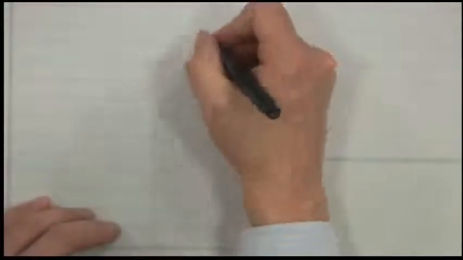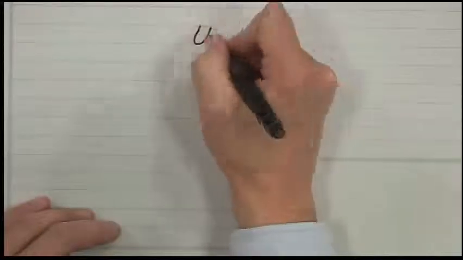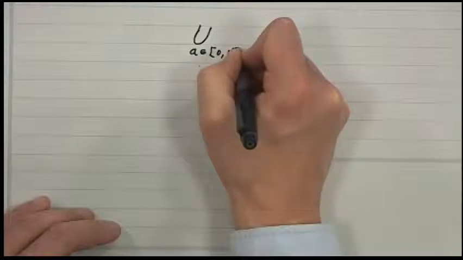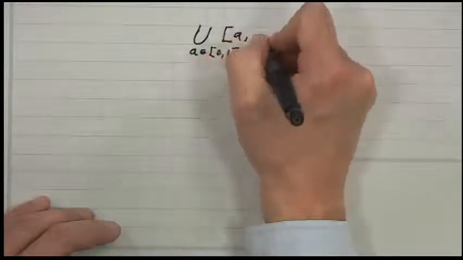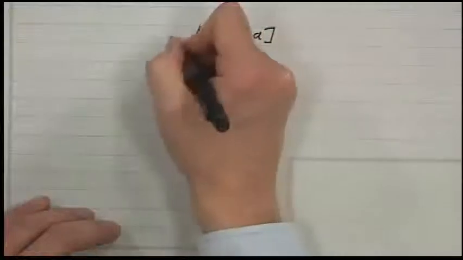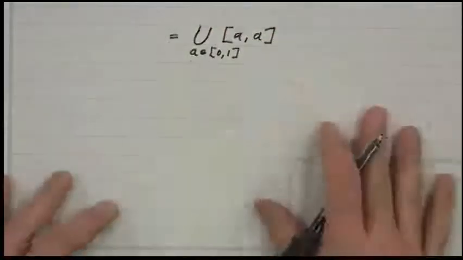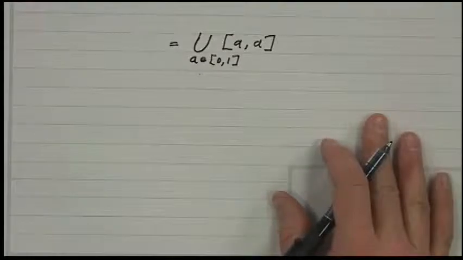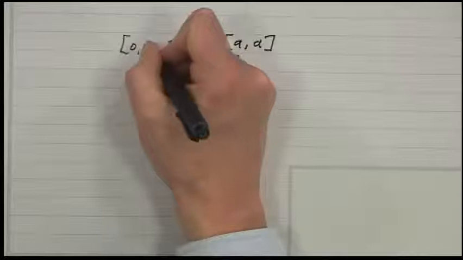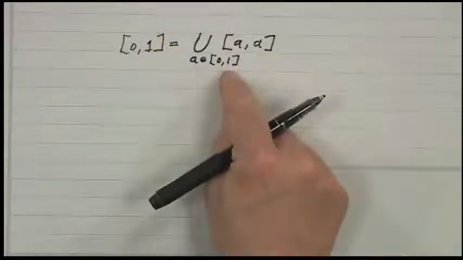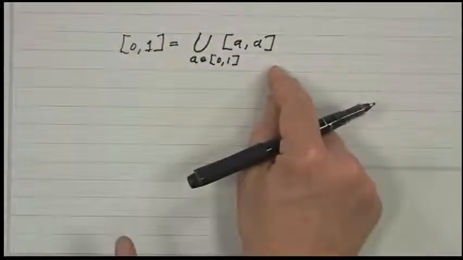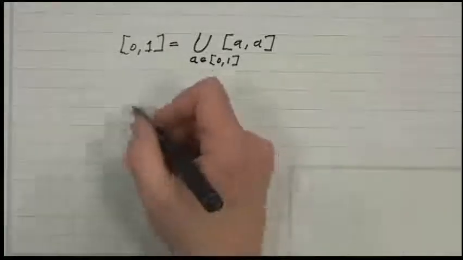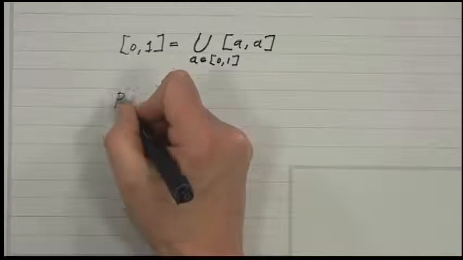If I take the union of the sets [A, A] for A a member of [0, 1], what's that? It should be the whole set. That's just the interval 0 to 1, because if I take the union of all points on the interval 0 to 1, I certainly get the interval 0 to 1.